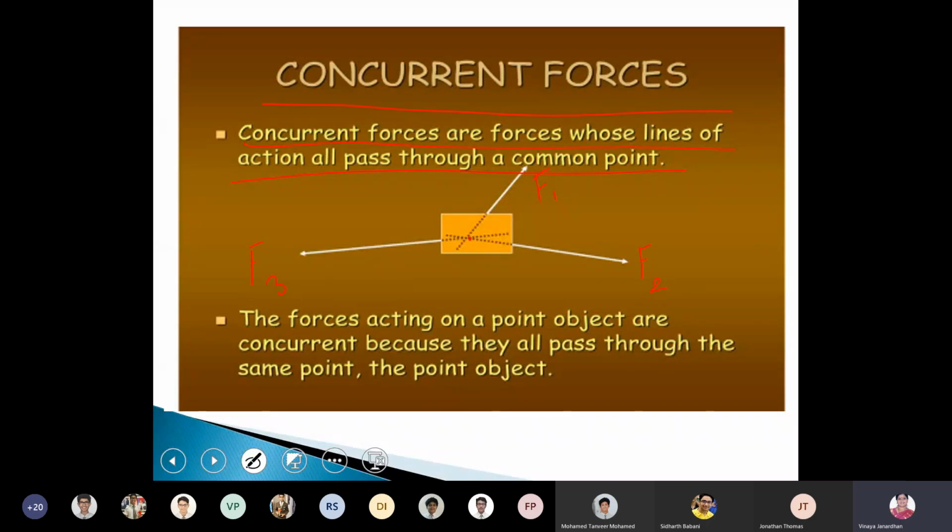All of these meet at a common point O. Please copy it down. Concurrent forces are forces whose lines of action all pass through a common point. Only one definition is enough right now.